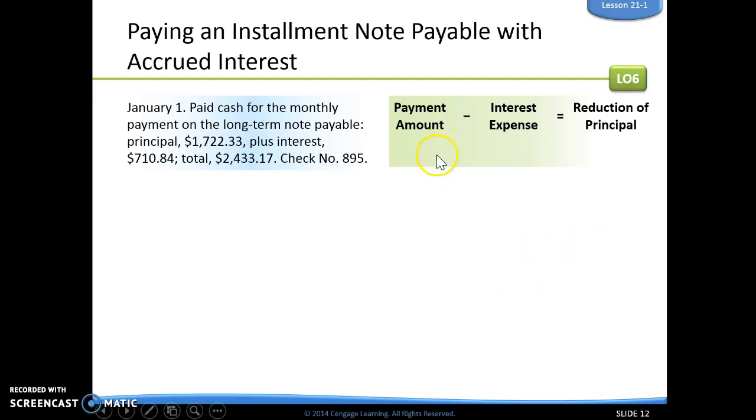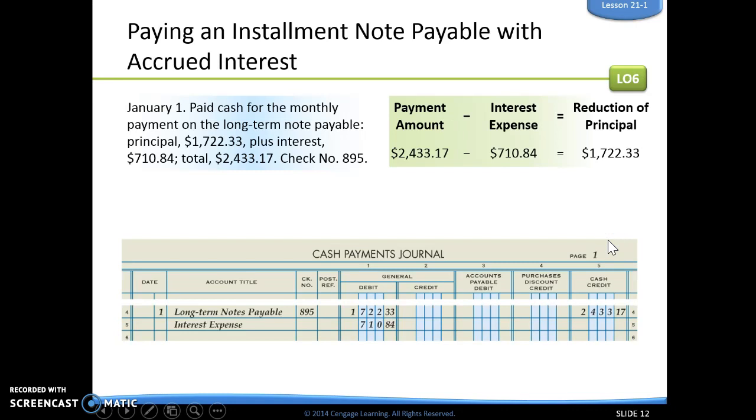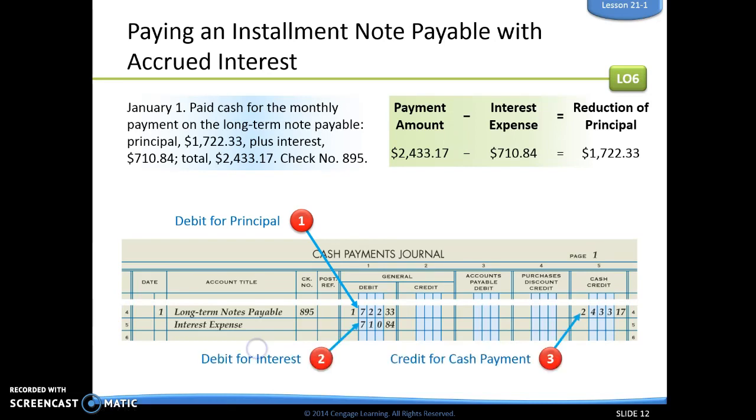We take our payment amount, the full $2,433.17. $710.84 of that was for interest, so we subtract that interest. That means we're paying $1,722.33 on principal. Now, that was listed for us there. When we record that, we are making a payment, so it's going to go into our cash payments journal. We credit cash for the full amount, debit long-term notes payable for the principal, and debit interest expense for the amount of interest.